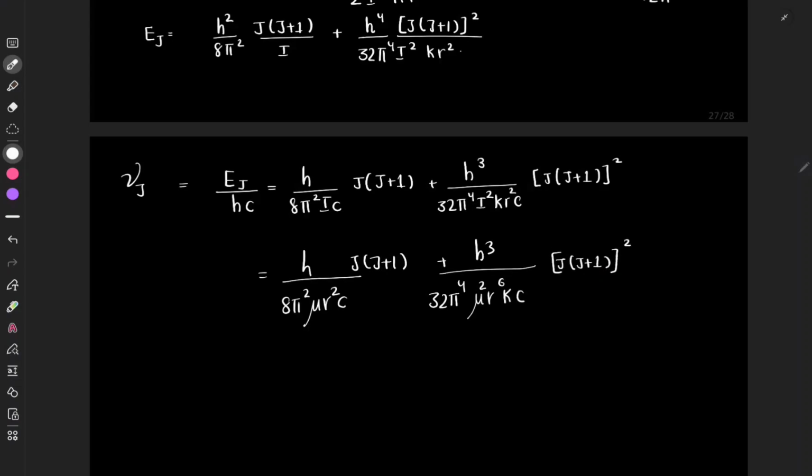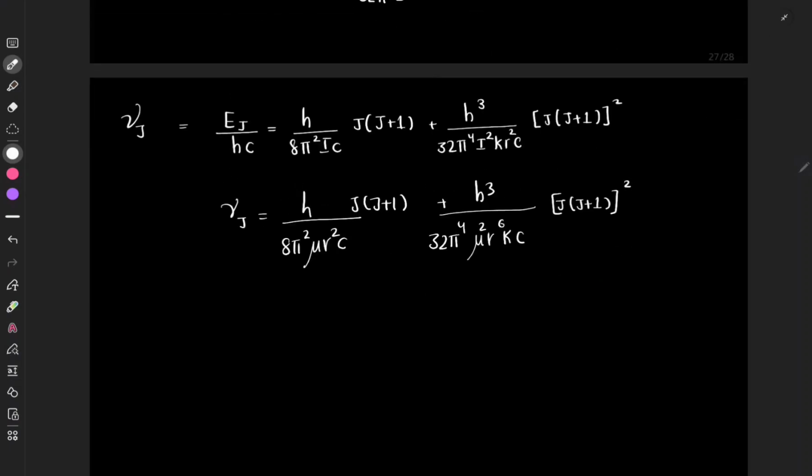Now what we're going to do is this: the first term is proportional to r raised to minus 2, and the second term is proportional to r raised to minus 6. Since the centrifugal distortion changes the bond length by a small amount, the r from the second term can be replaced by r naught.